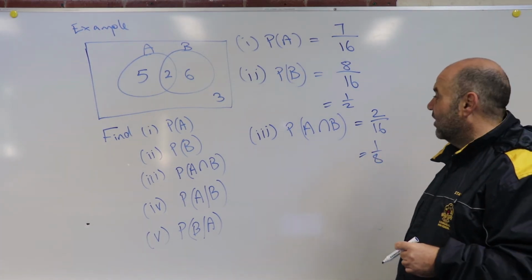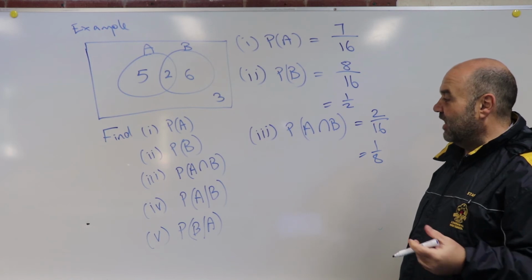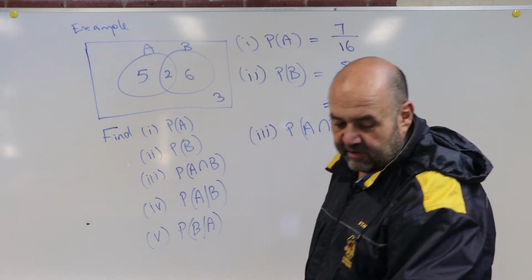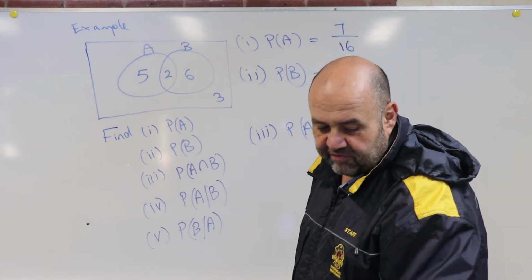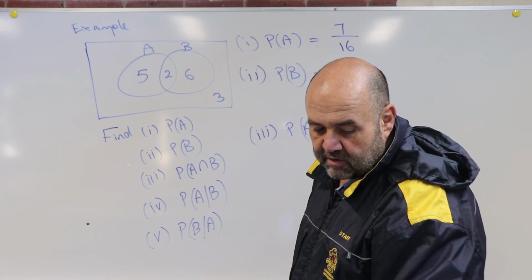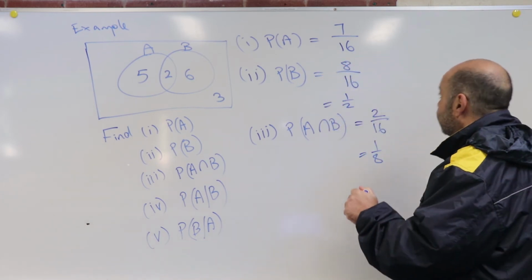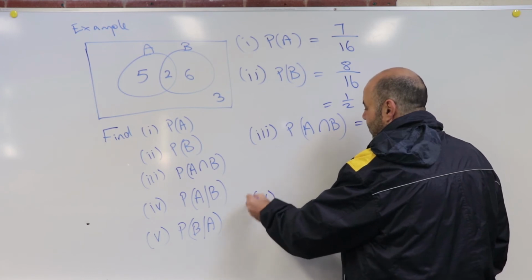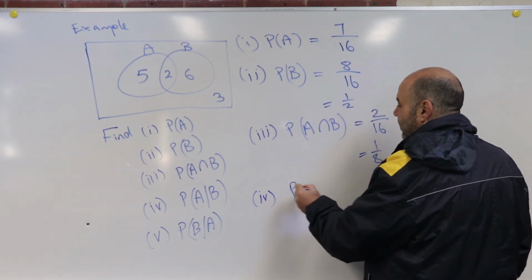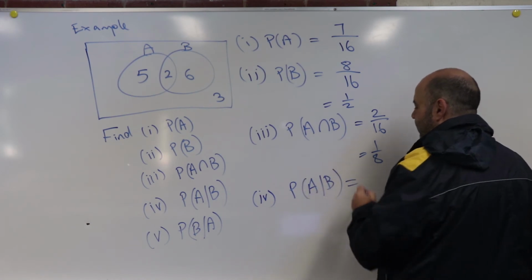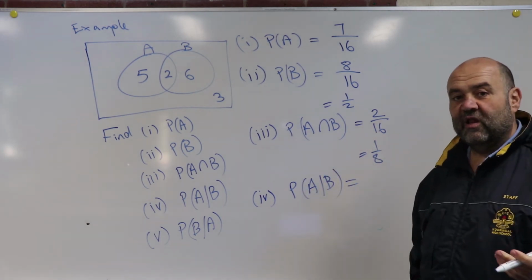Let's keep on going. Now we're finally up to calculating our conditional probability. The probability of A given B. We'll now recall our formula.